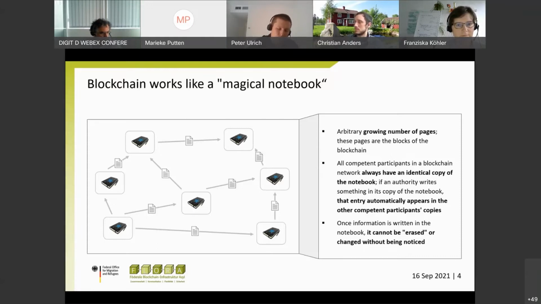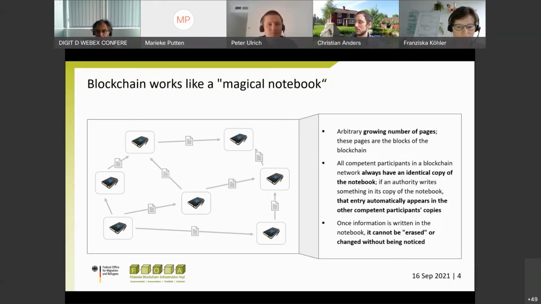And so once you write the information to this notebook, it cannot be erased. If information would be erased in that notebook, all of the identical copies would be the proof of this erasure.